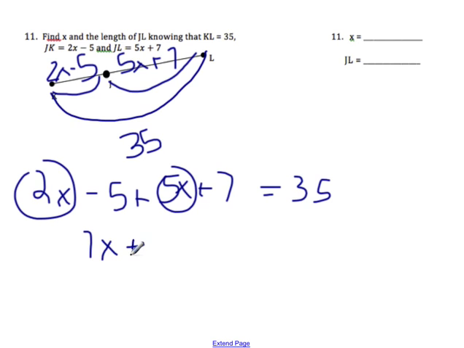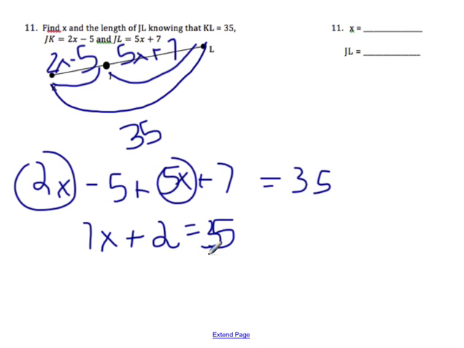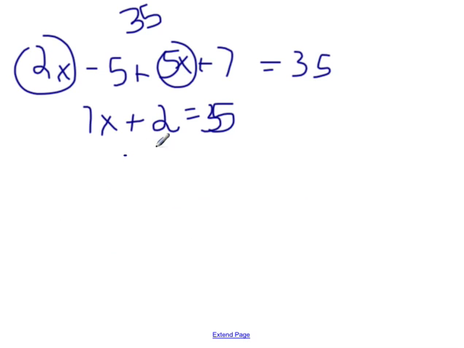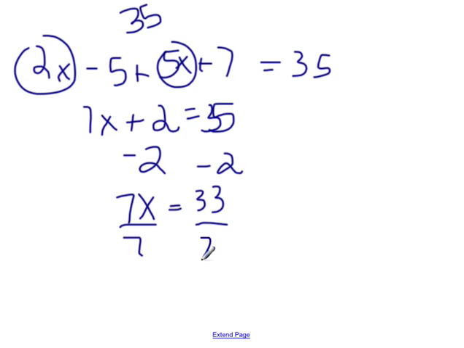Negative 5 plus 7 is 2, and that's going to be equal to 35. So let's go ahead and solve this out. I'm going to start by subtracting 2 from both sides. And then I get 7x is equal to 33. Then I'm going to divide both sides by 7. And then I get that x is equal to 33 over 7.